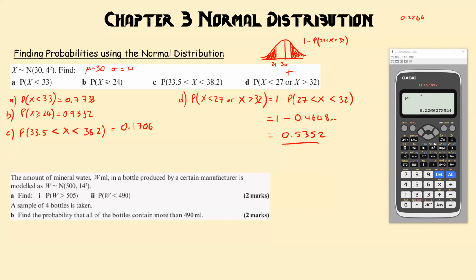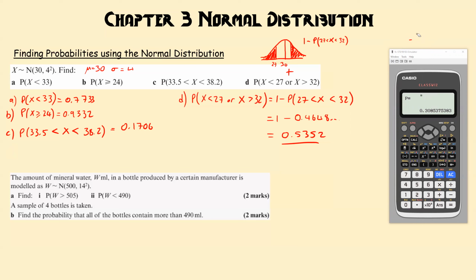And we're going to add to that if it's greater than 32. So coming back to the lower bound of 32, and then I'm going to put a massive number above it. 0.3085. Add these 2 together, you get 0.5351, which is pretty much what we got here. It's just the rounding issues. I need to take it a little bit further, and we'd avoid that rounding. But you can see that even if we added these, it would be okay.